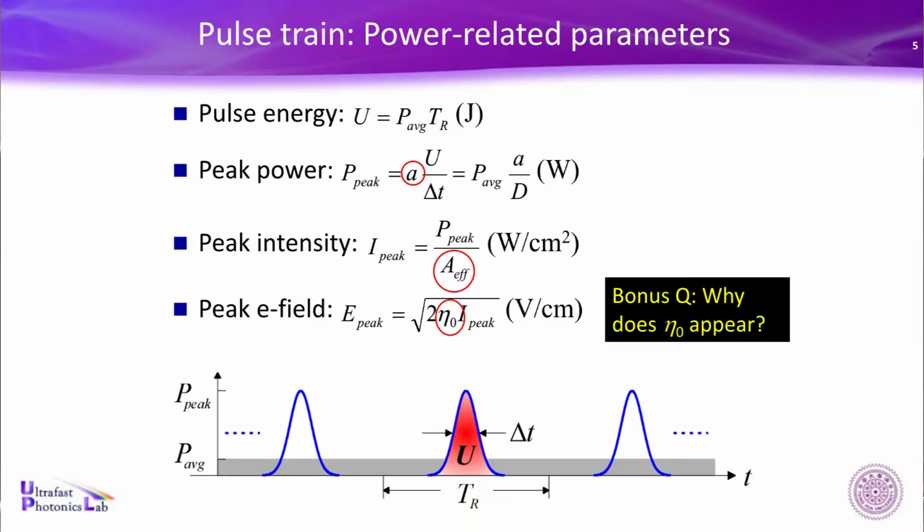Remember, light or laser is an electromagnetic wave, right? So you have electric field, you have magnetic field, right? But here we calculate electric field. And the light intensity should be about both electric and magnetic field.